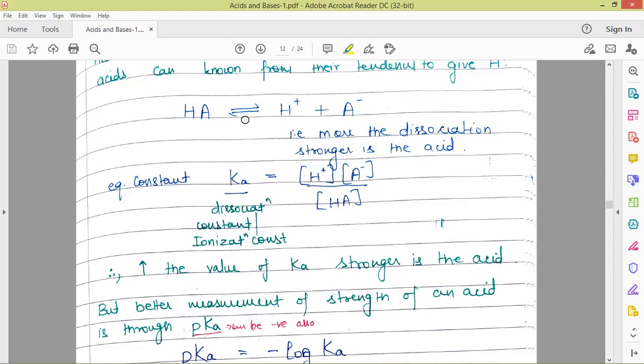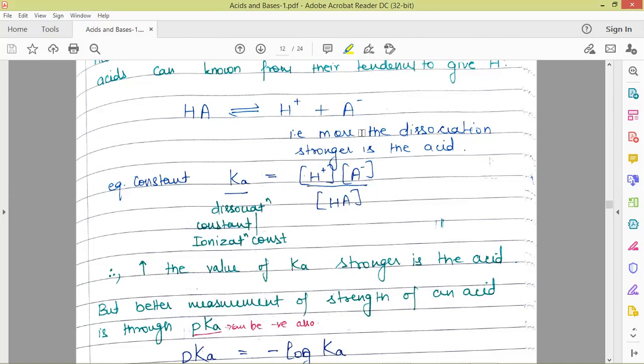So if we want to write the equilibrium constant for this reaction, it will take the form Ka. Actually, it is called the dissociation constant or the ionization constant. An equilibrium constant is written only at equilibrium.